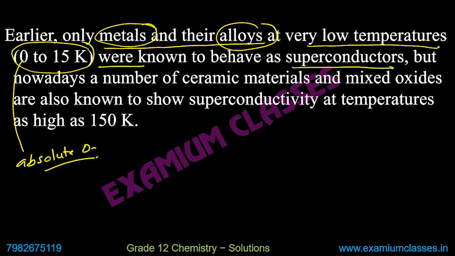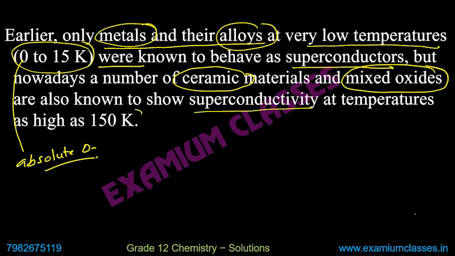But now a number of ceramic materials and mixed oxides are available which show superconductivity at temperatures as high as 150 K. This is again a negative temperature in degrees Celsius, but much more than 0 to 15 Kelvin. It means at 150 K we have a few materials which offer zero resistance.